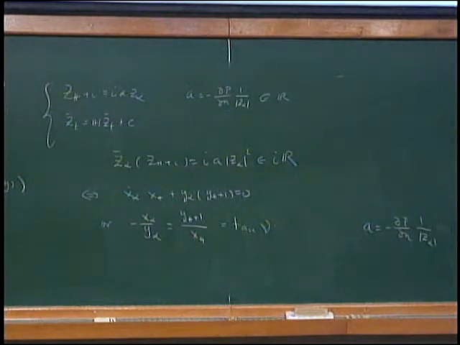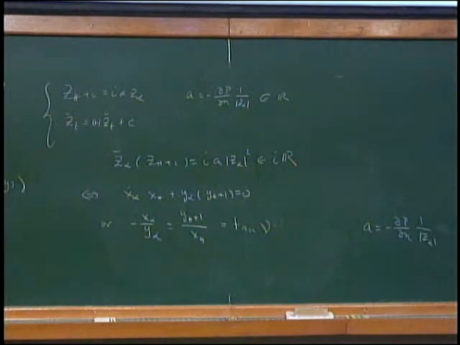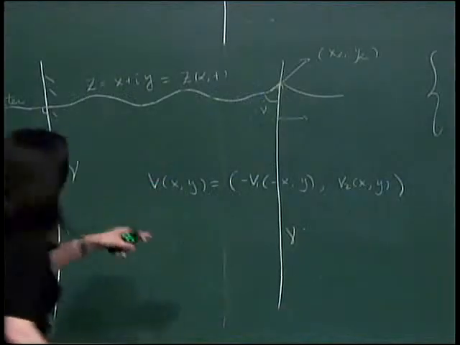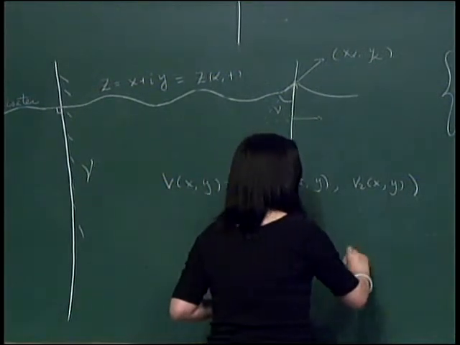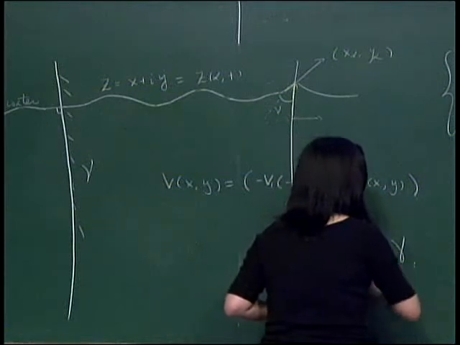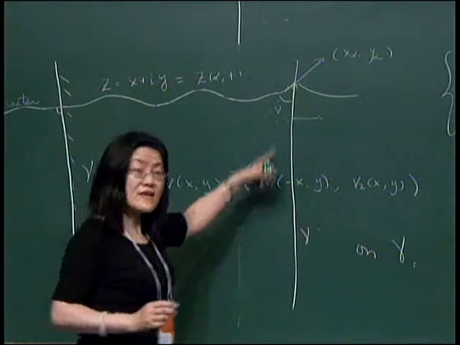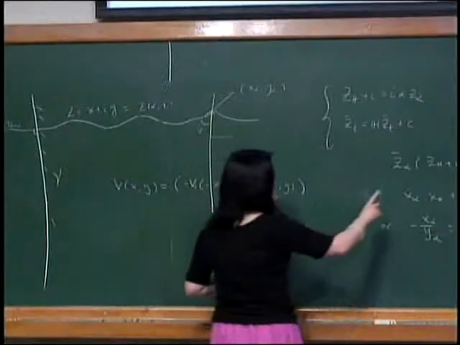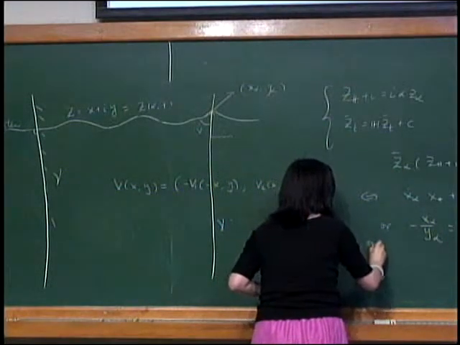Now, what do we know about the velocity along this wall, which we call gamma? Of course, when it's reflected, it's still gamma. We know the velocity field on gamma has tangential part 0, meaning xt is 0 on gamma.